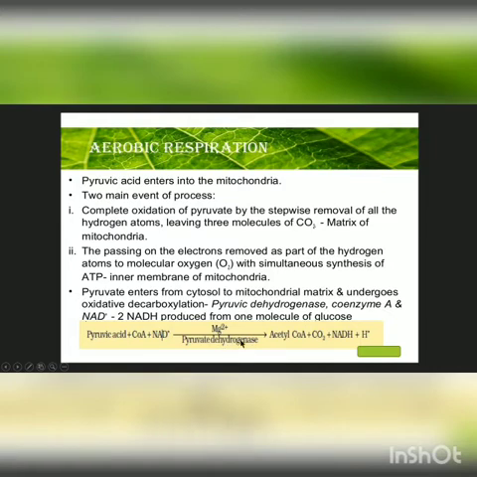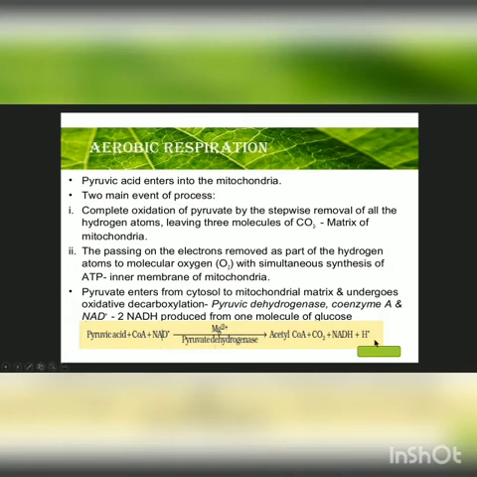So with the help of pyruvate dehydrogenase, this oxidative decarboxylation of pyruvic acid happens, and it requires coenzymes also, like here you know the coenzyme A and NAD plus also. So these coenzymes are required. Magnesium ions are also required.